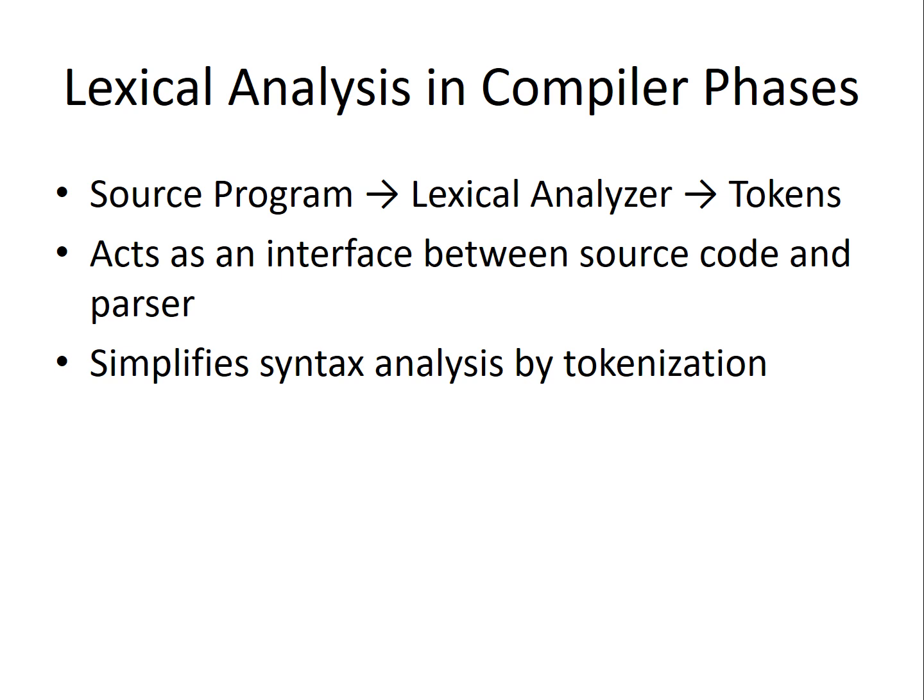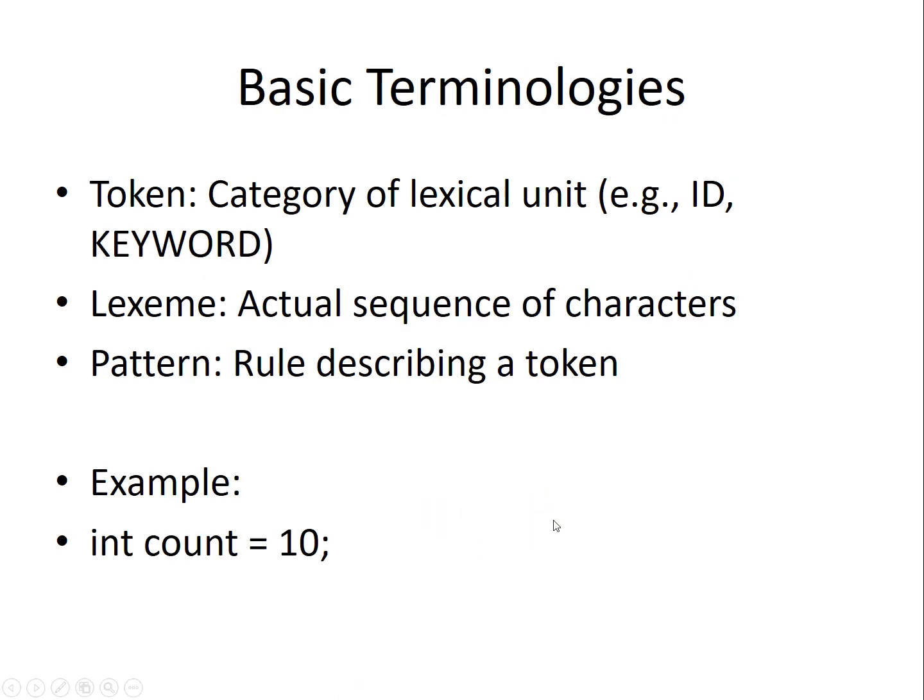So what the parser is going to do is simplify the syntax analysis by tokenization. Let's get into the tokenization part. Here there are basic terminologies, like the word which I have used often, that is token. What is a token in terms of a program? There is a category called lexical unit. Here two examples are given. ID means we know that it is an identifier, or a keyword.